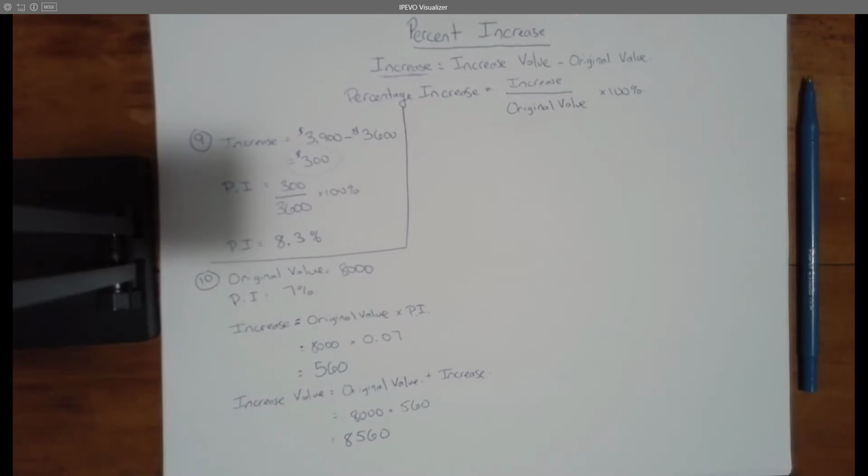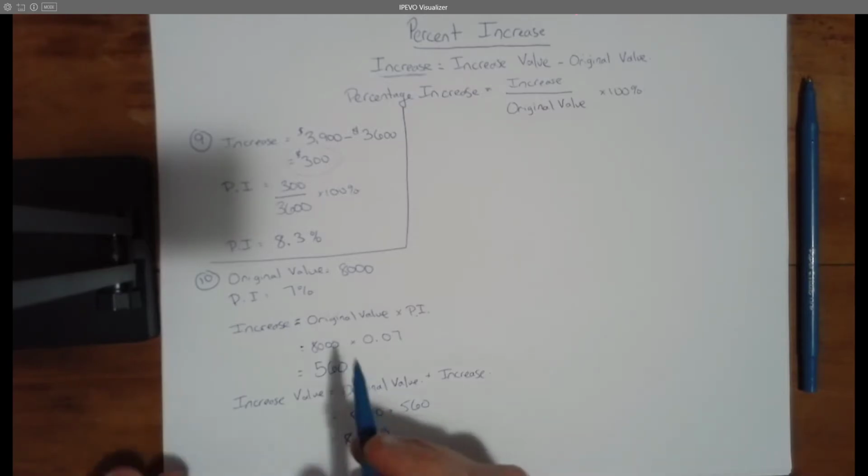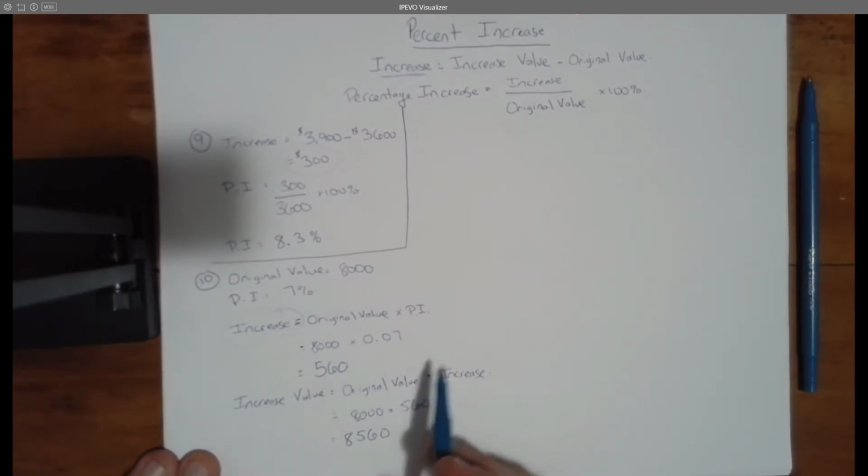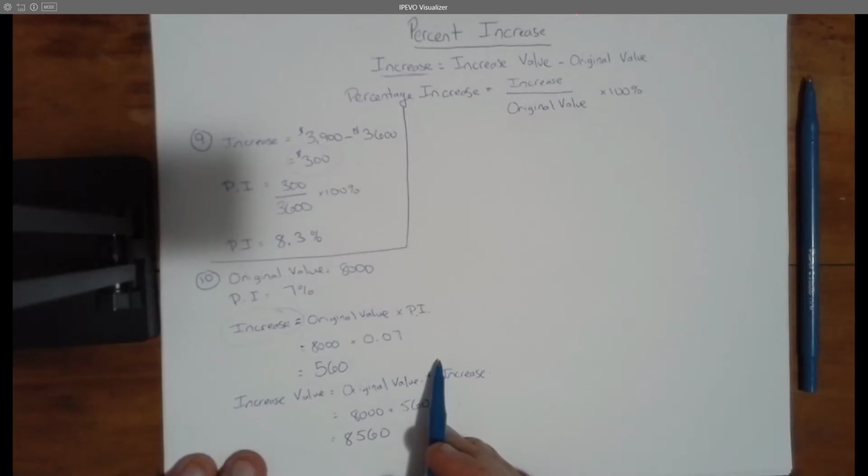There's actually a second way that we could do it as well, that might even skip a step here. So this one, we did it in 2 steps. We figured out the increase, and then we added that on to figure out what the rest was. But can we combine these steps? Well, we actually can.